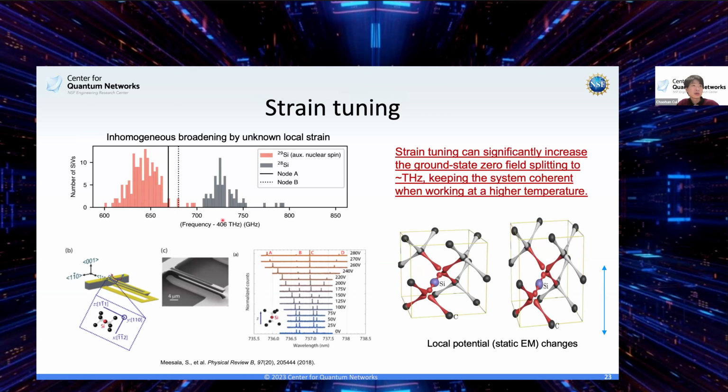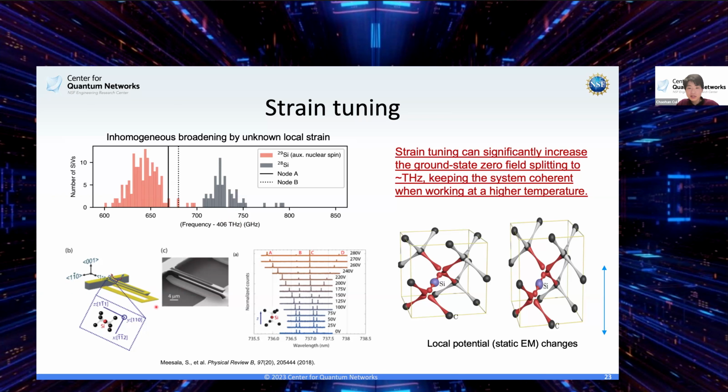It distorts the lattice, and different color centers, even around the metastable state, are slightly different in their mechanical tension around that lattice. By fabricating the diamond into a cantilever or bridge, you can physically bend it so that we can stretch the crystal lattice at the atomic level.